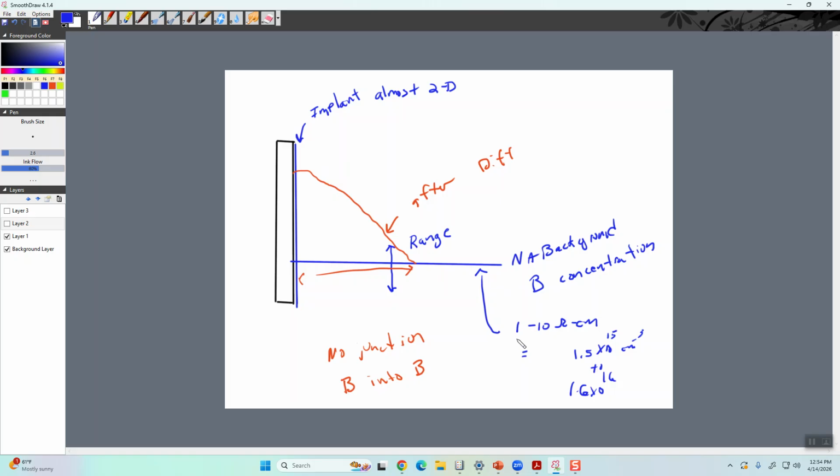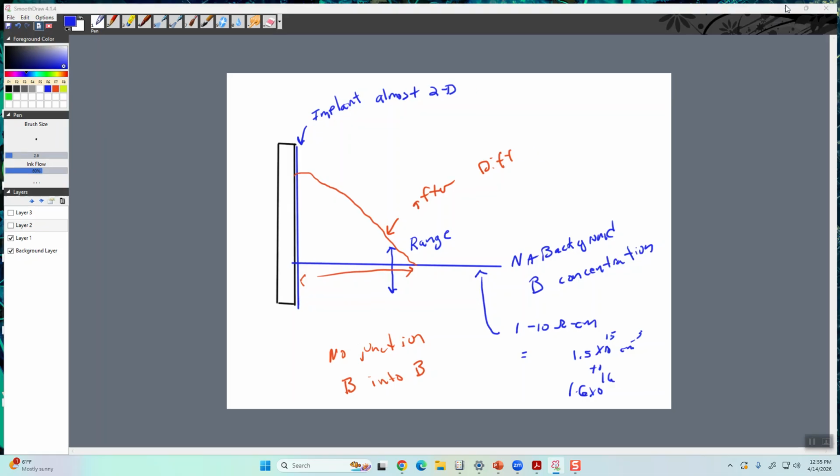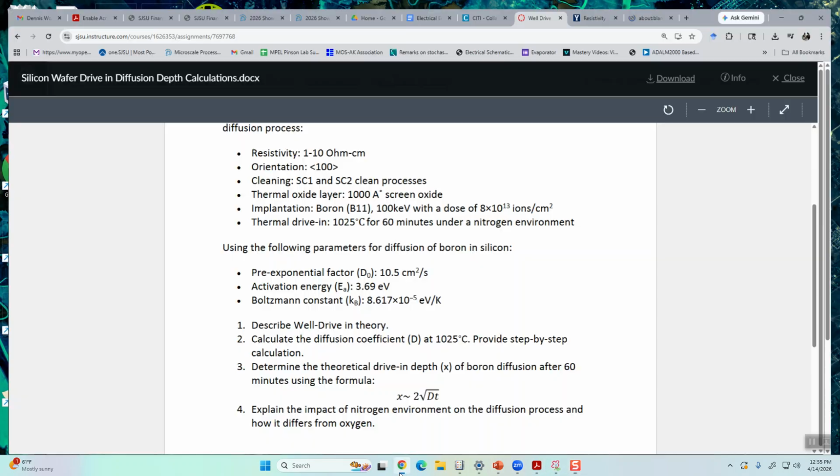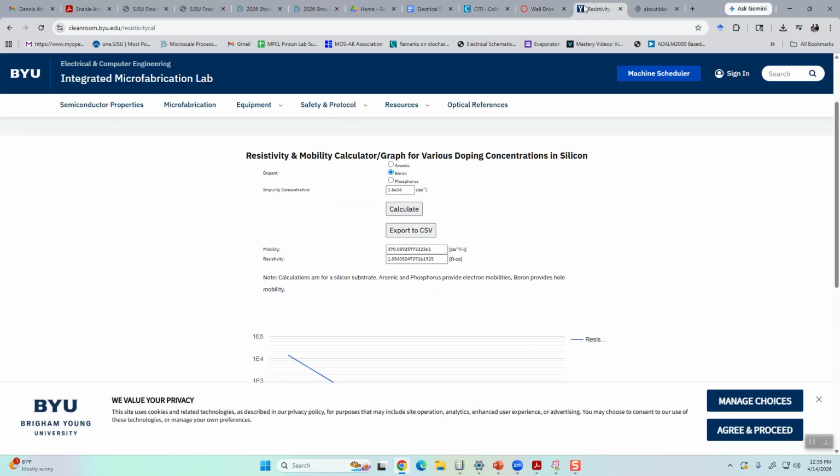All right. So the problem statement says it's between 1 and 10 ohm centimeters, and you need to know what the background concentration is in atoms per cubic centimeter. So I don't know, in my books I have a chart, but if you don't have a chart, you can go to the BYU lab resistivity and mobility calculator. I click on boron, and this is for silicon.